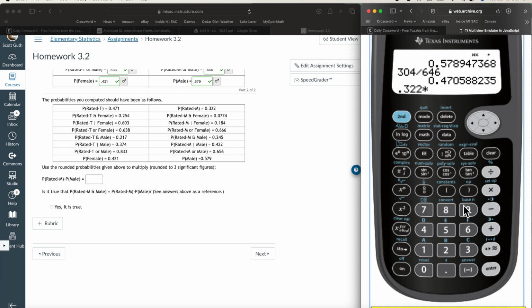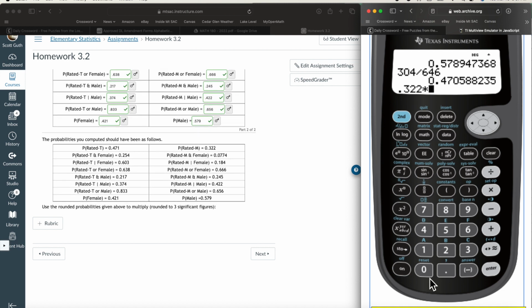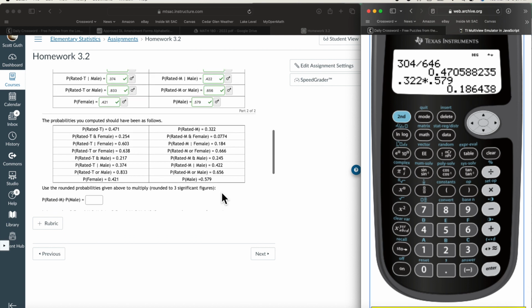Okay, so for male, that came out to 0.579. Okay, and I'll just hit enter there. So that rounds to 0.186.